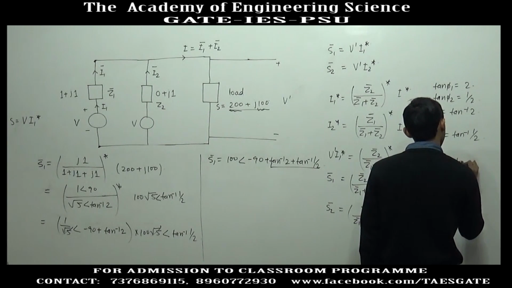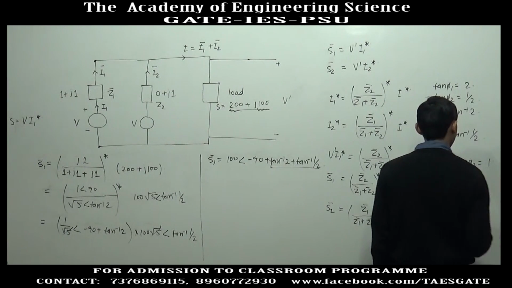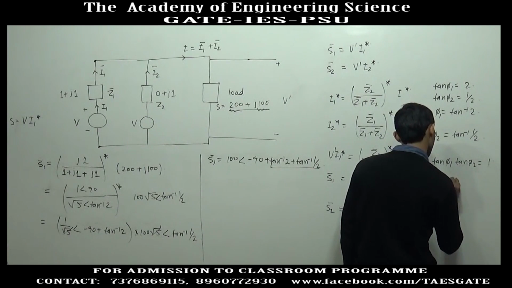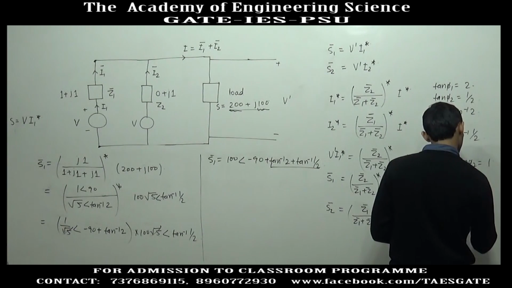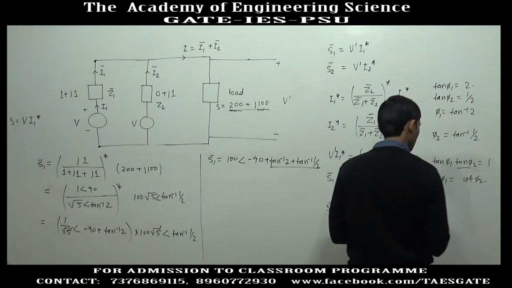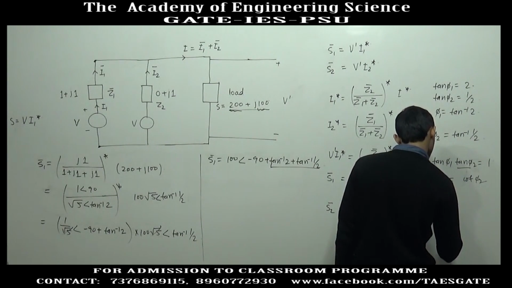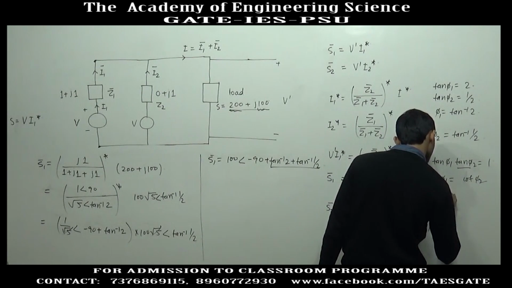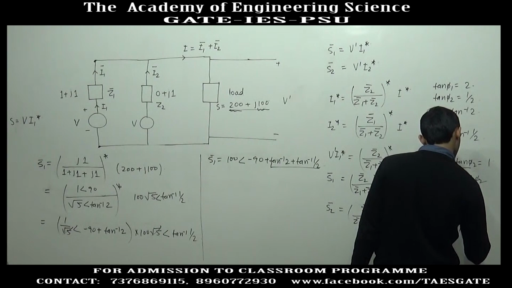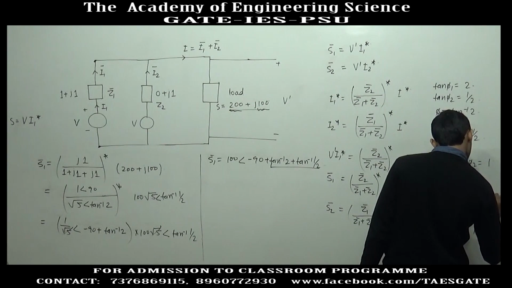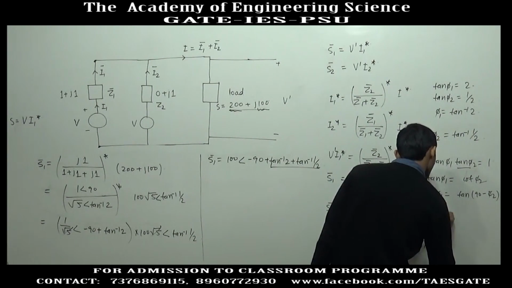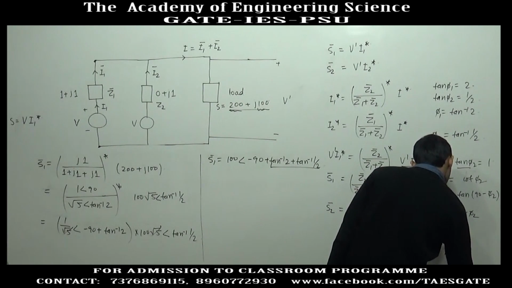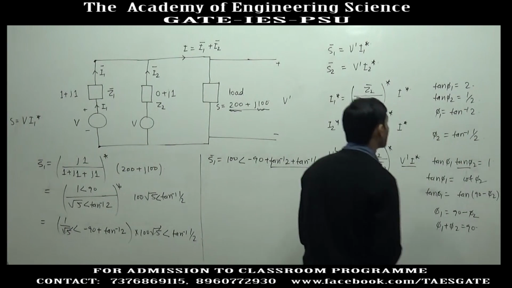Tan phi 1 into tan phi 2 equals 1, then tan phi 1 equals cot phi 2, tan phi 1 equals tan of 90 minus phi 2, hence phi 1 equals 90 minus phi 2, hence phi 1 plus phi 2 equals 90 degrees.